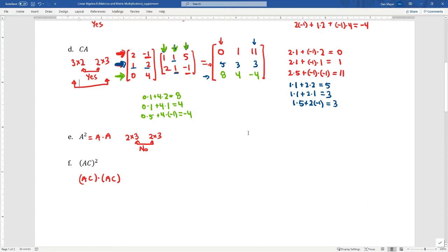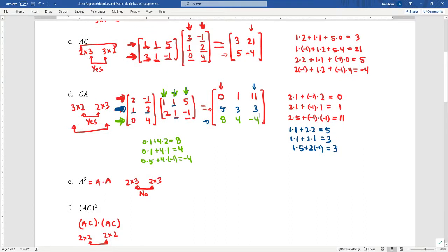So the first AC is a 2 by 2, and the second AC is a 2 by 2. The middle dimensions match, and so we can do the multiplication. And the outer dimensions, everything here is 2's. The outer dimensions tell us that the product, the AC squared, will be a 2 by 2 matrix.